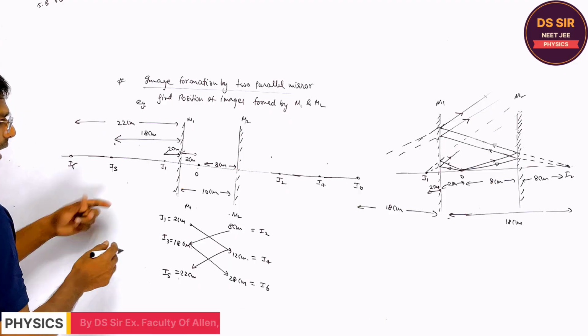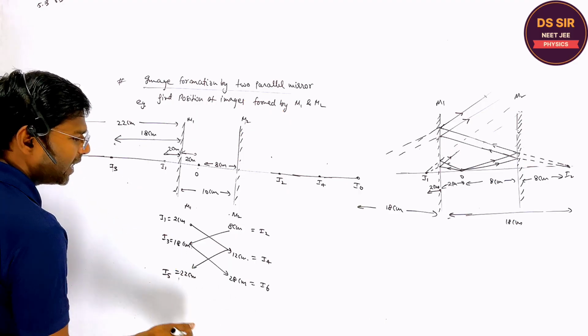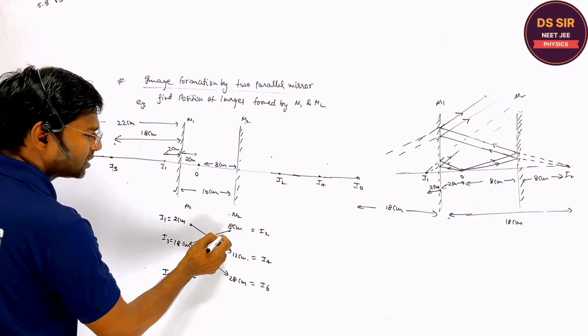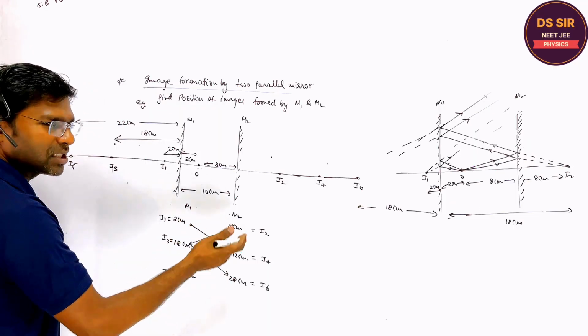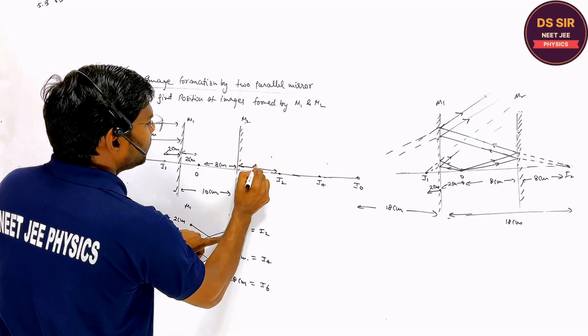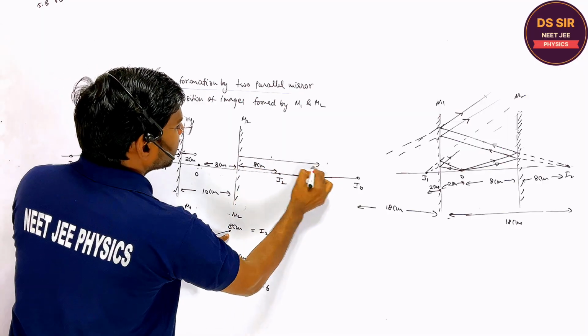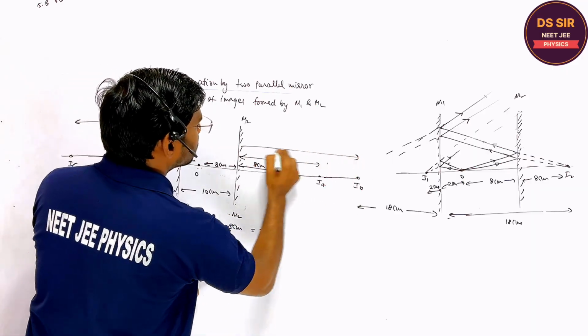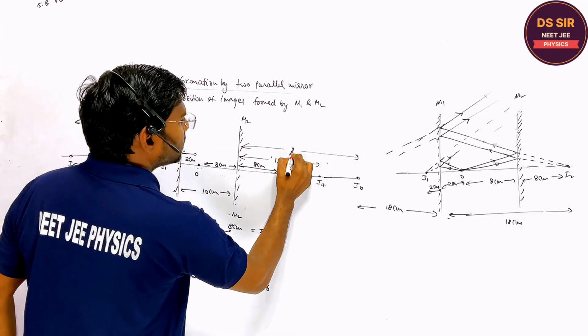Is it clear or not? And so on. You just add the 10 centimeter distance between them, and the next position of the next image will be formed. For this the first image is 8 centimeter, the next image 12 centimeter, the next image at 28 centimeter.